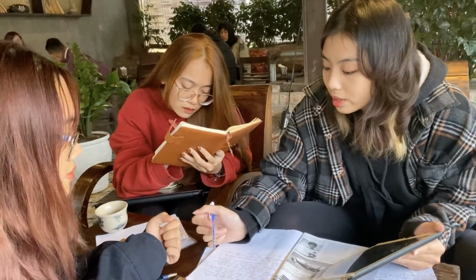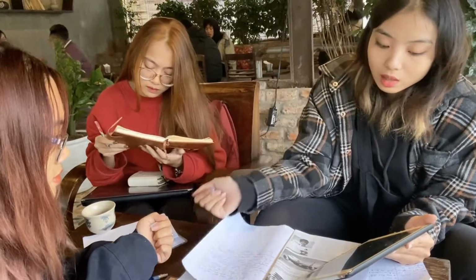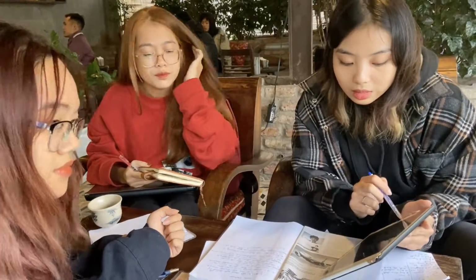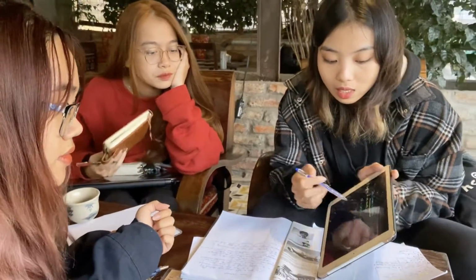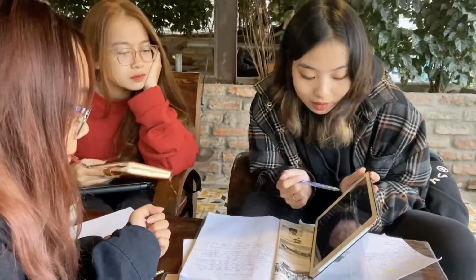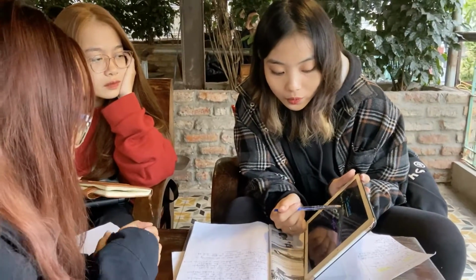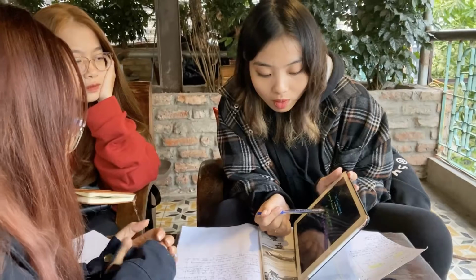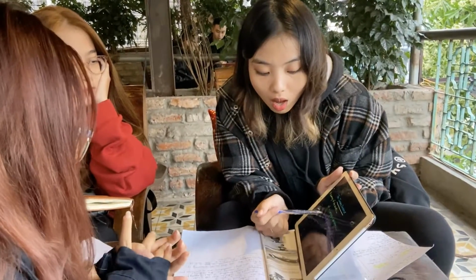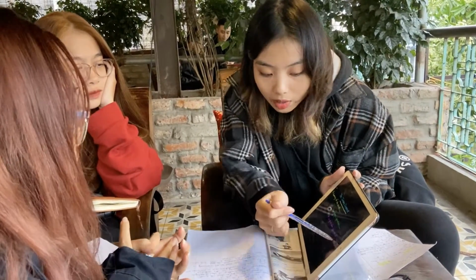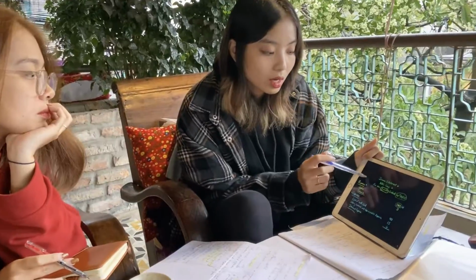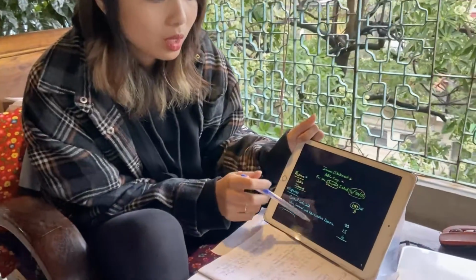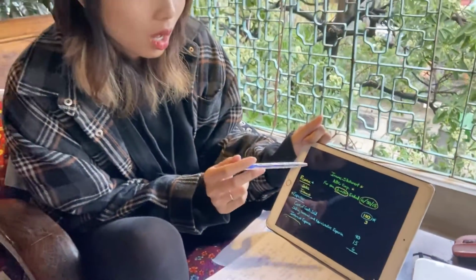This is the definition of the income statement: a summary of the results of a company's operations over a particular period of time. Okay, here is the basic income statement I have prepared for you.